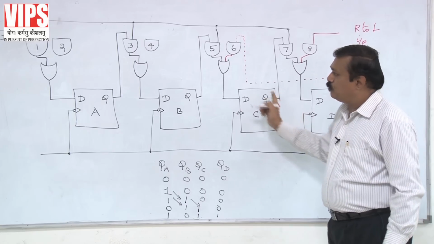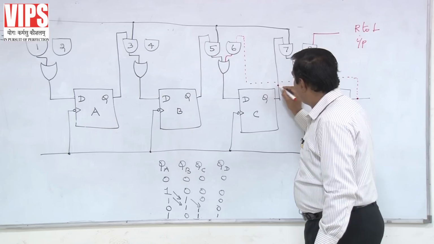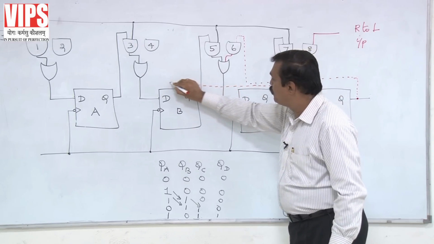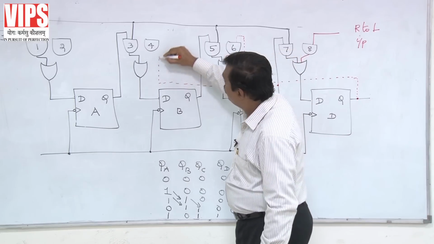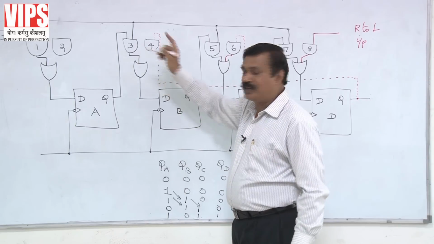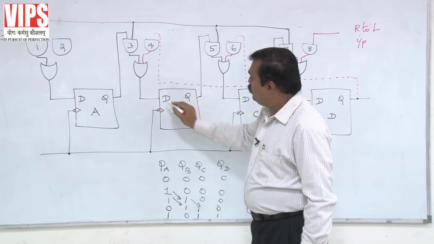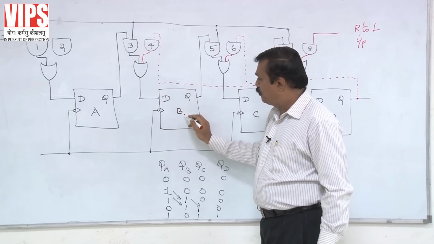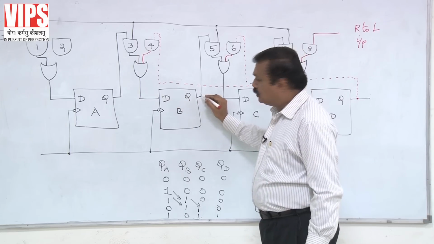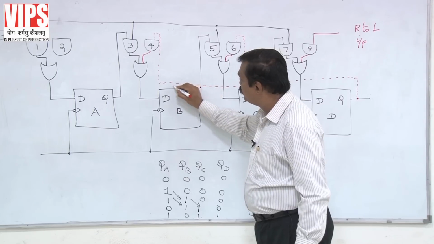This output should be connected to the next input. Therefore, just take a connection from this Q and give it to the next AND gate. Again connect this. It is coming to the D input of the B flip-flop. Now it will generate output. This output should go to the next input.